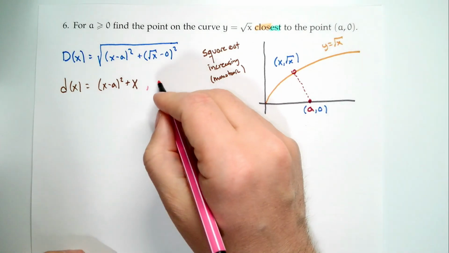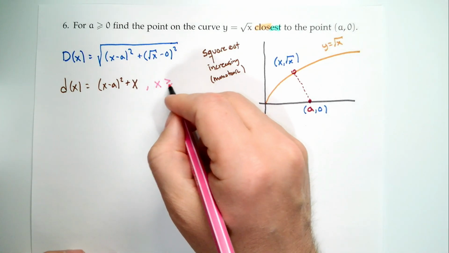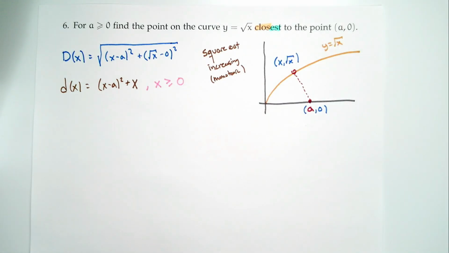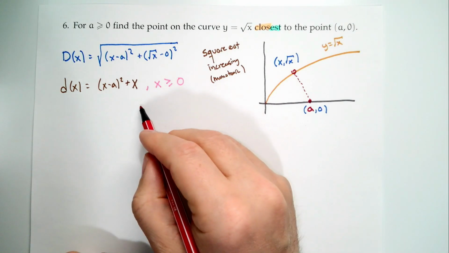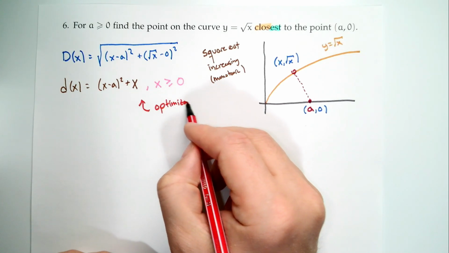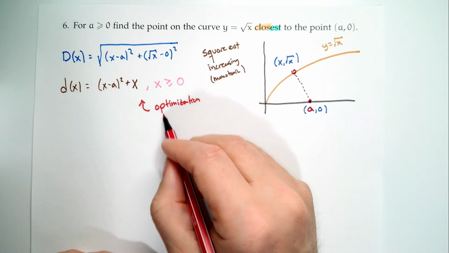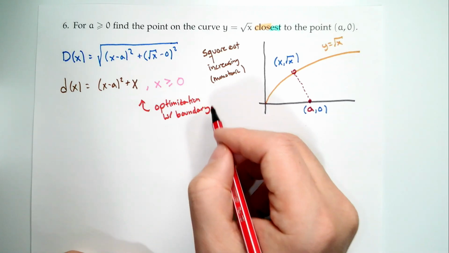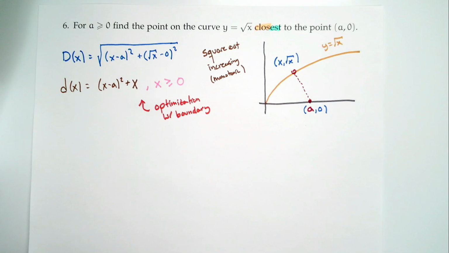Namely, x has to be greater than or equal to 0. So this says we're doing an optimization, but this is an optimization problem with a boundary. So we have to be careful. Whenever you have an optimization problem with a boundary, you have to ask yourself the question, could the boundary come into play? Well, we'll get to that in a second.